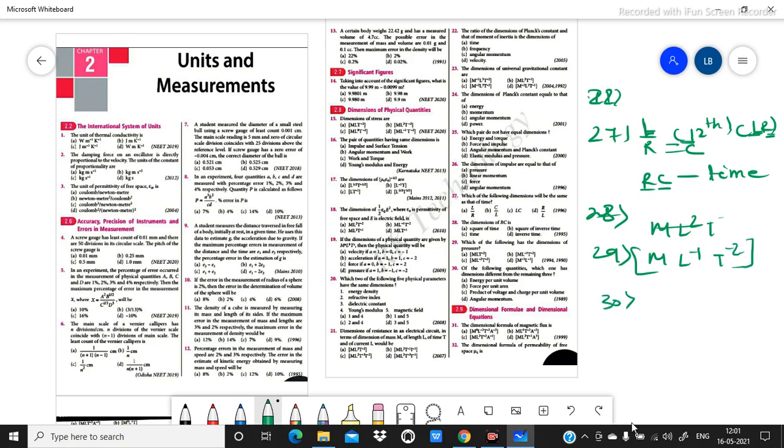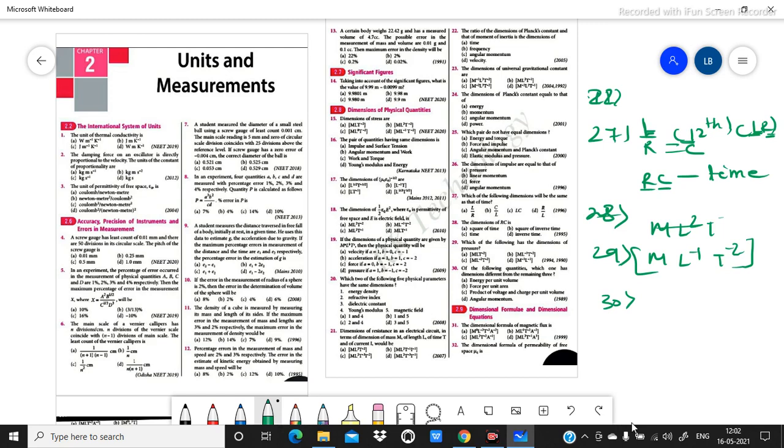So 30 is a question. It asks which of the following quantities has a dimension different from the remaining three. You don't have any shortcut option, rather you have to find out each and every dimension and then analyse which is different from the others.